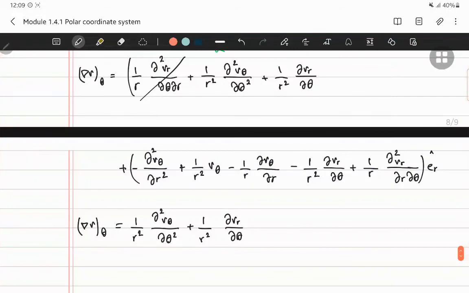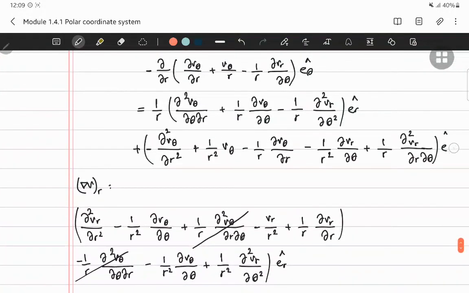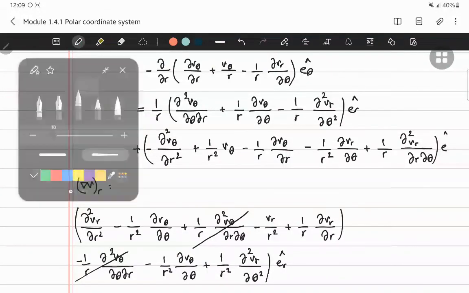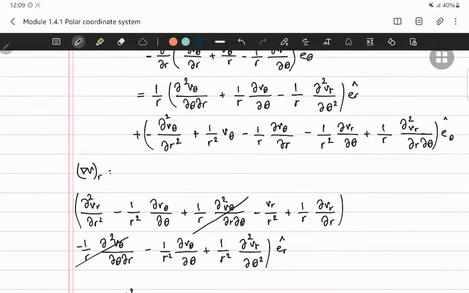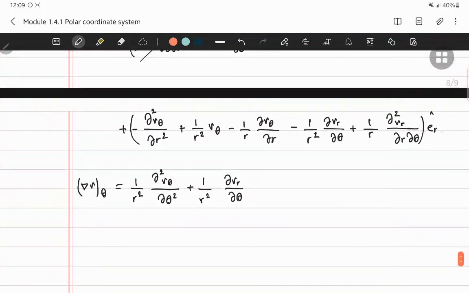And this is minus. So this term minus this term here, and it is E theta. Great.